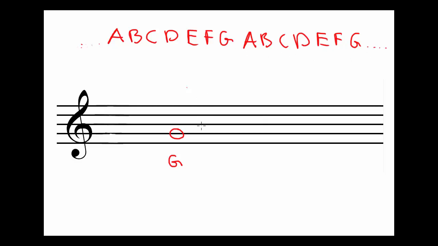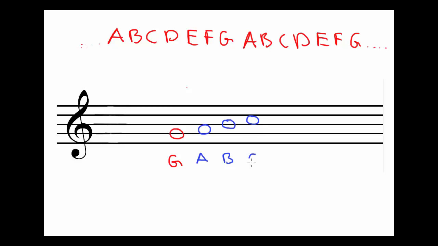If we place a note here, that of course would be A. So A, as you guys can see, is on the second space. And then if we put another note after that, it would be B. And then we just keep going to the right or up.